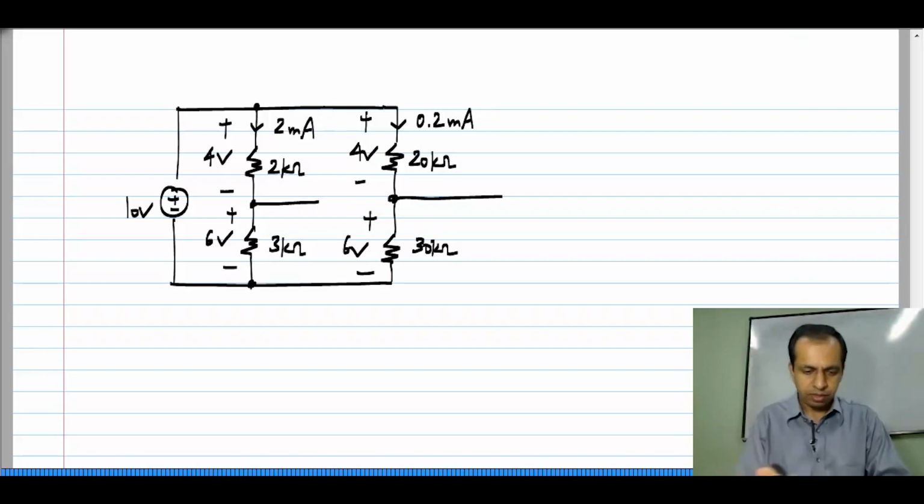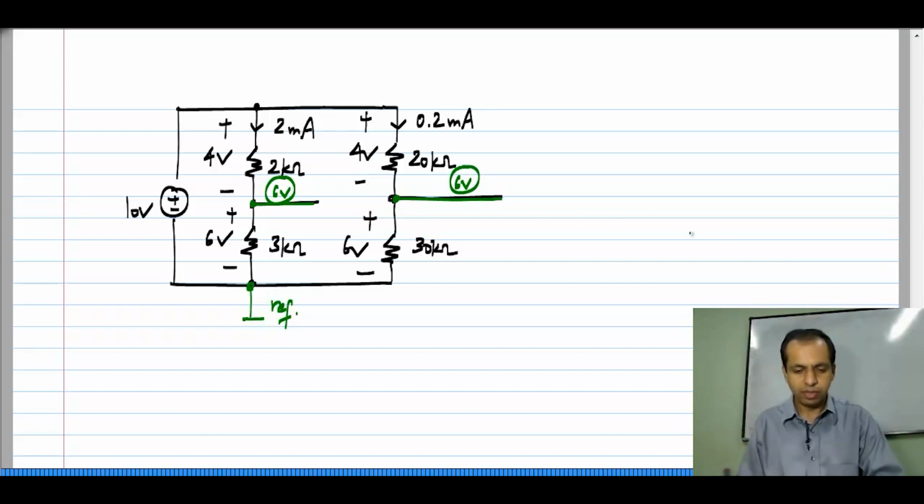Now, let us say we take this as the reference node. We see that this node voltage here is 6 volts and this node voltage here is also 6 volts. Now, what am I saying? What I am saying is that these two nodes can be connected together because they are both at 6 volts, without altering anything else in the circuit.